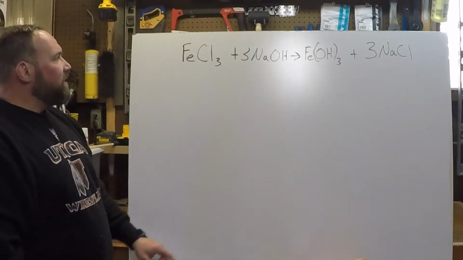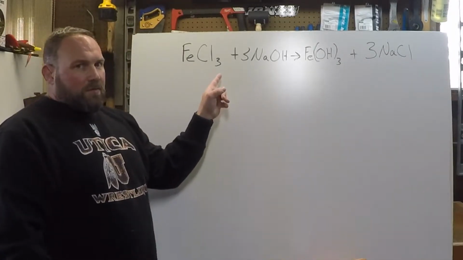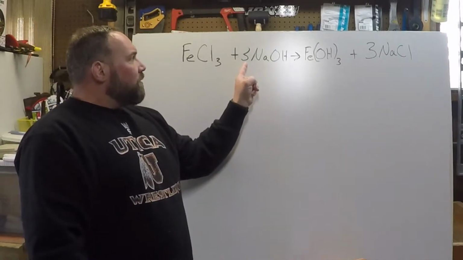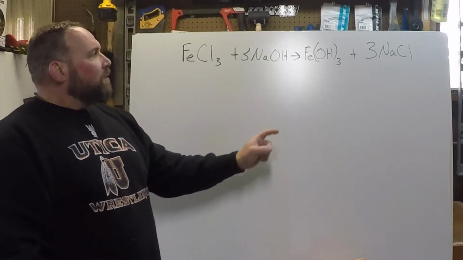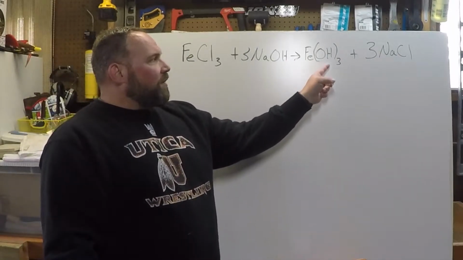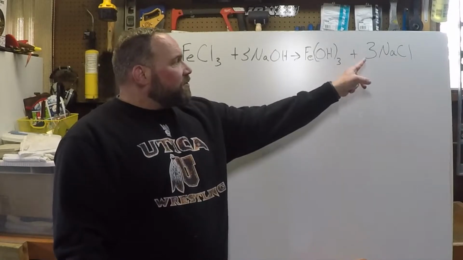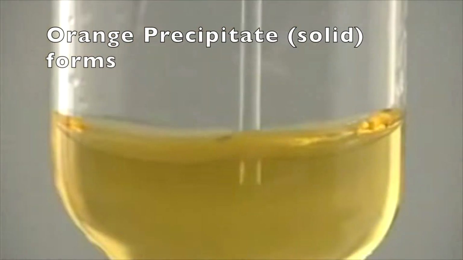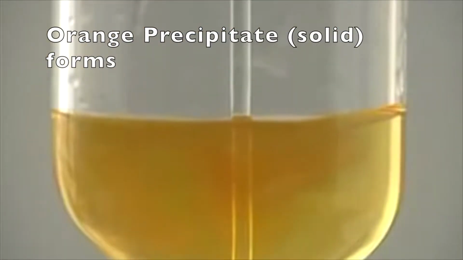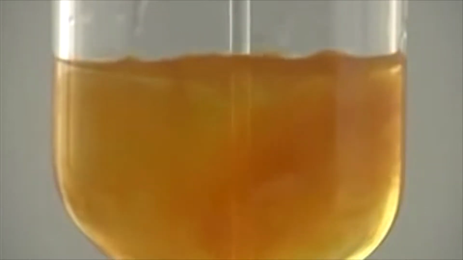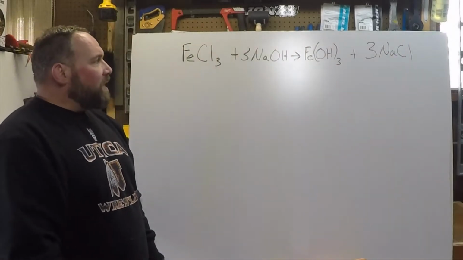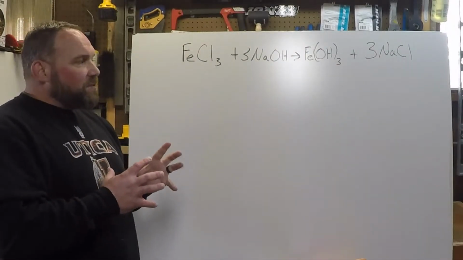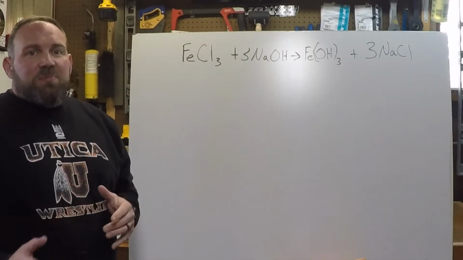What this is saying is that 1 mole of iron chloride and 3 moles of sodium hydroxide react together to make 1 mole of iron hydroxide plus 3 moles of sodium chloride. So that's what's needed in order to react completely.